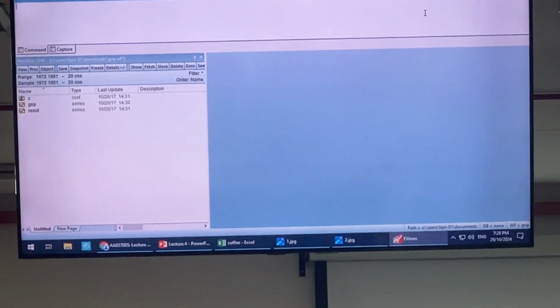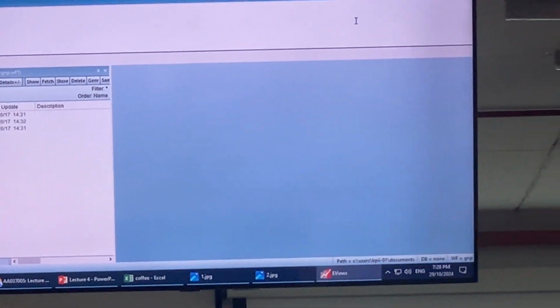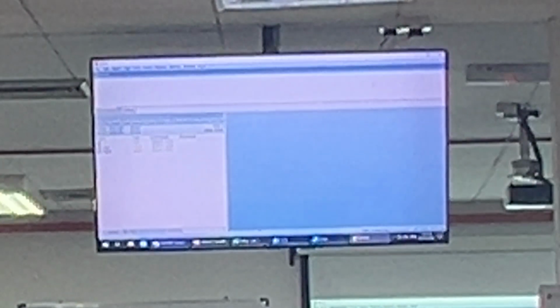So just remember, if you do your research project and use log transformation, then in order to provide interpretation, you have to interpret it as percent. So you have to provide the correct way of interpretation.